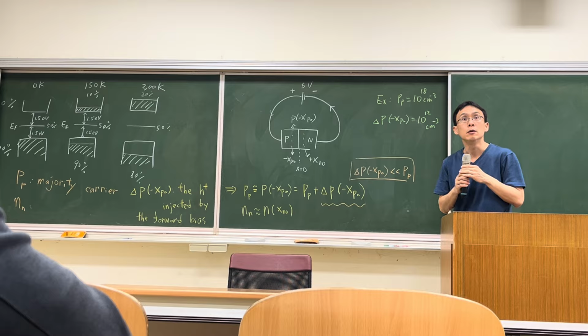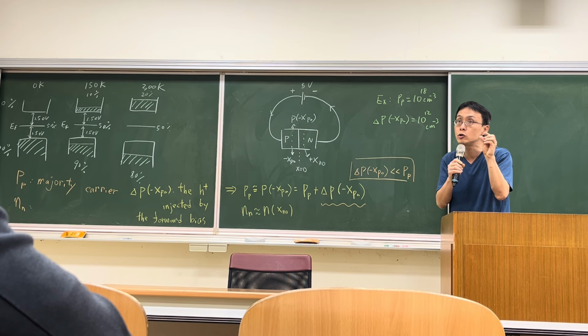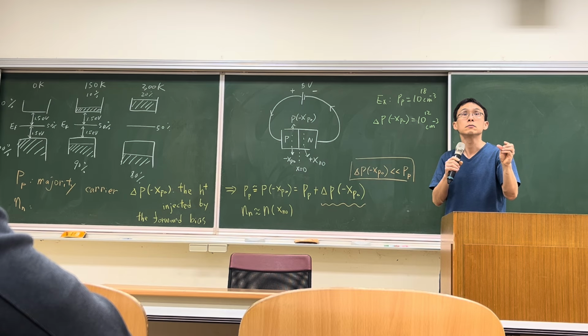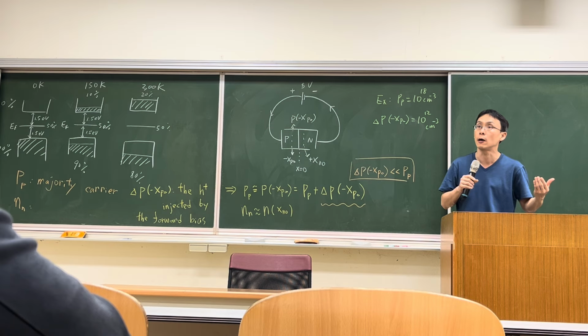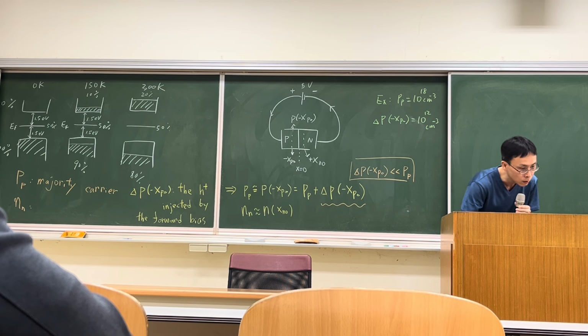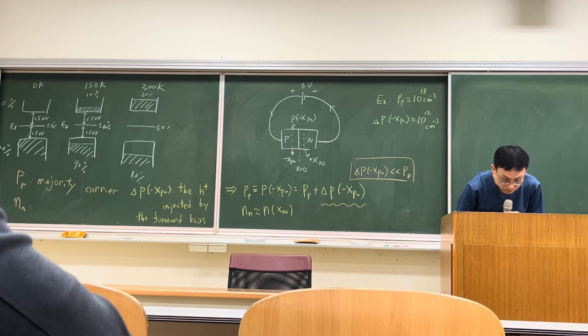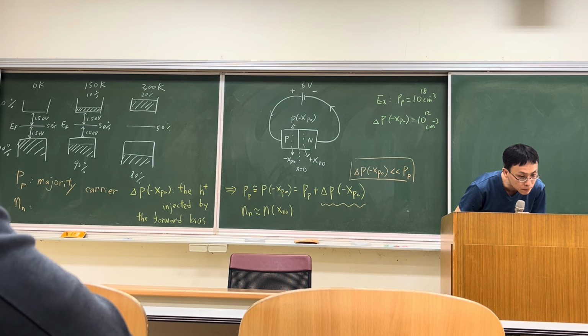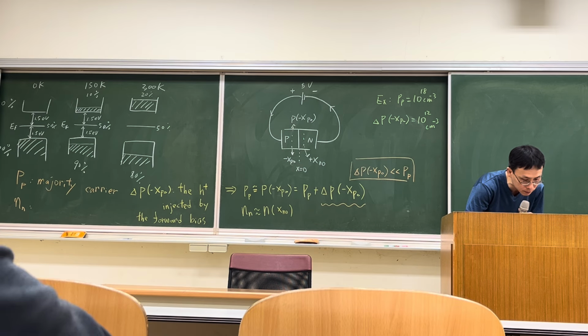Short answer: the time for electron and hole staying within the diffusion region is so short that they have no chance to recombine with each other, and then they move out of the diffusion region, going to the neutral region, right? So I give you an example.